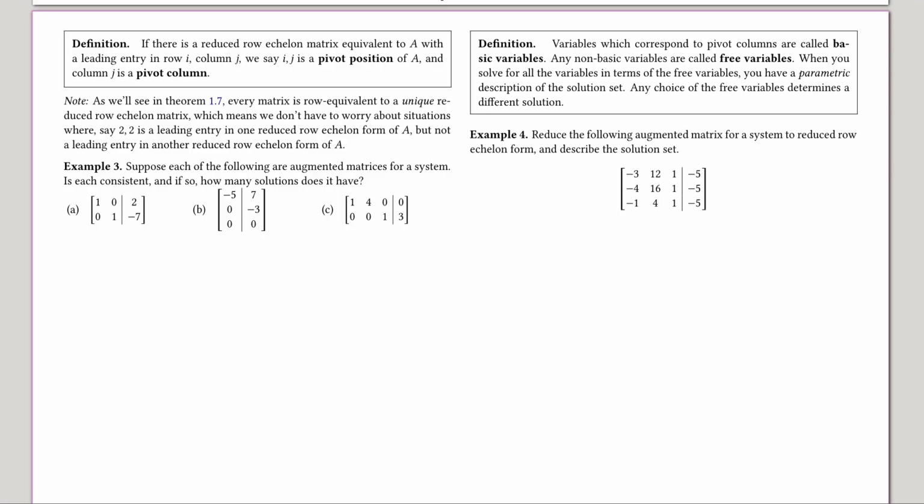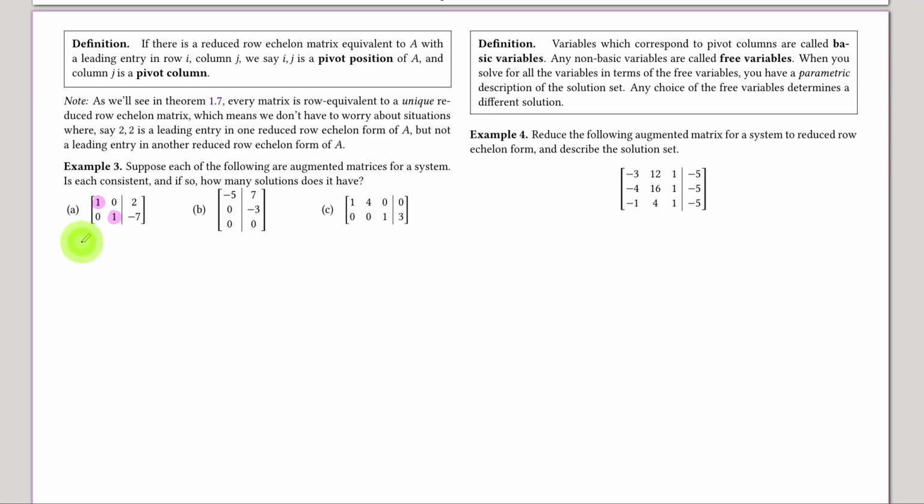So first of all, maybe we can just notice where the pivot positions are. This is already in reduced echelon form, so wherever the leading entries are is where the pivot positions are. And anyways, let's answer the question. Is the system that this augmented matrix represents consistent? And if so, how many solutions does it have?